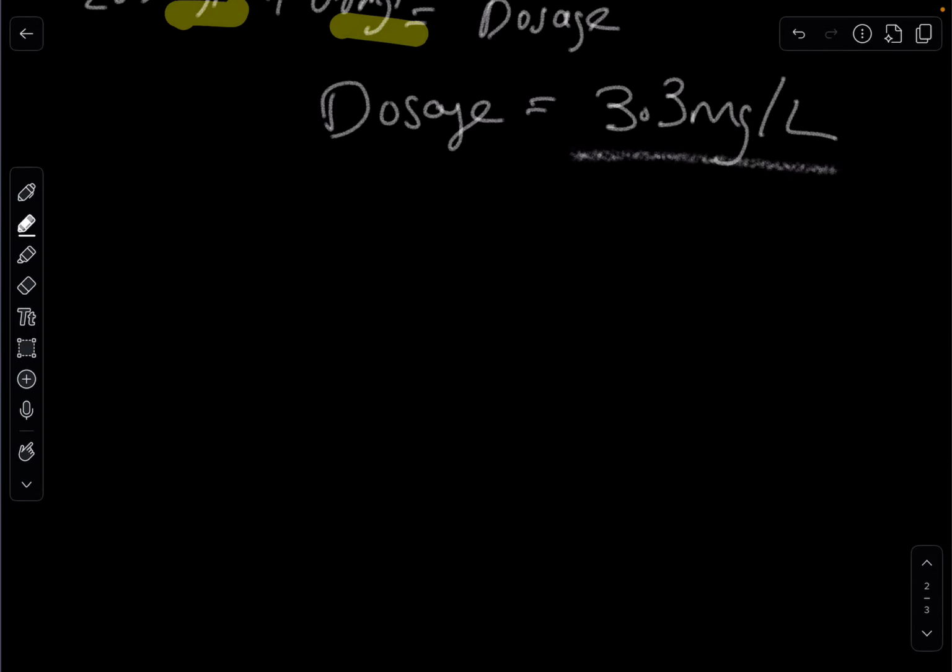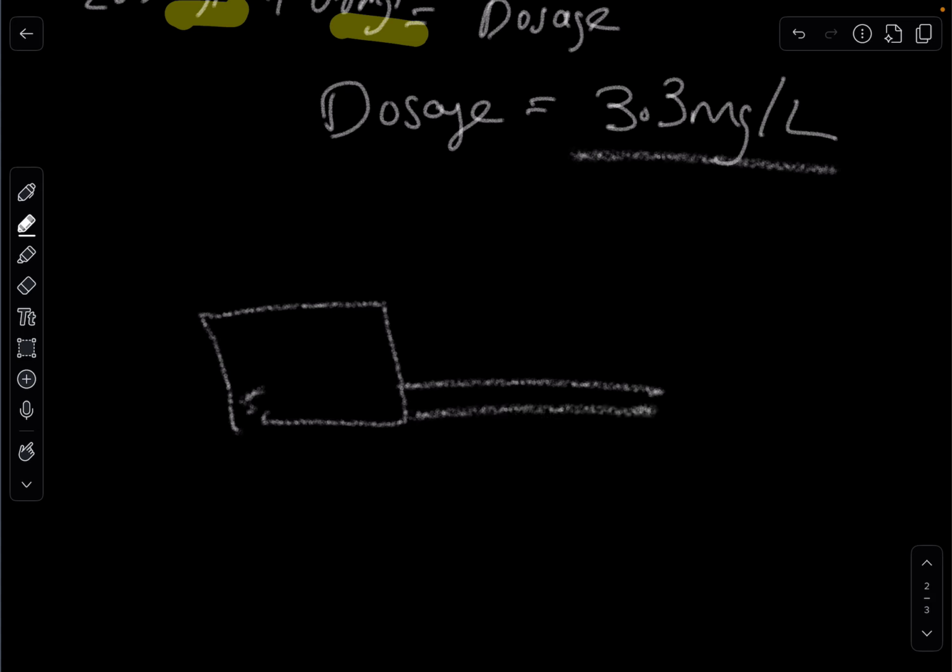Now, it's easy to see this on paper, but it's always important to connect what we're learning to what's happening in the field. So in the field, operators are checking residuals throughout the system. So at the plant outlet, throughout the distribution, even to the furthest fire hydrant.